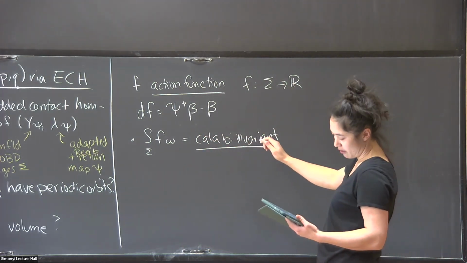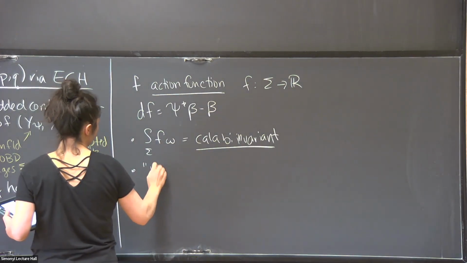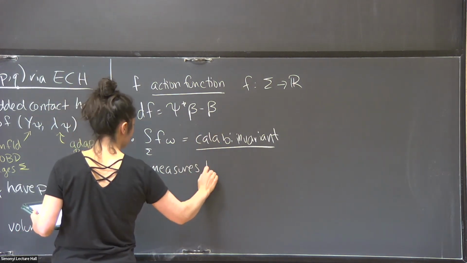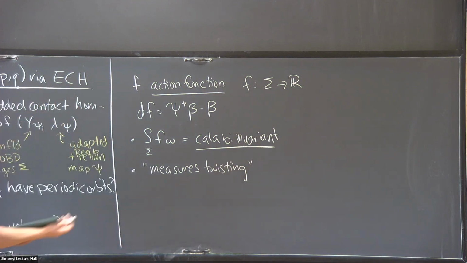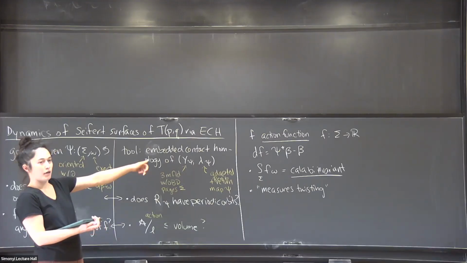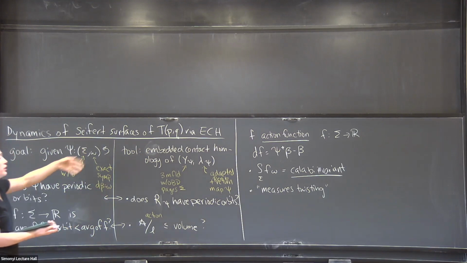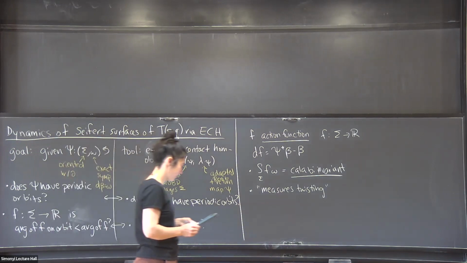The other thing I wanted to say is that the action function kind of measures twisting. If you take differences at nearby points and integrate that, it tells you an average amount of twisting that your map psi is doing over the whole surface.